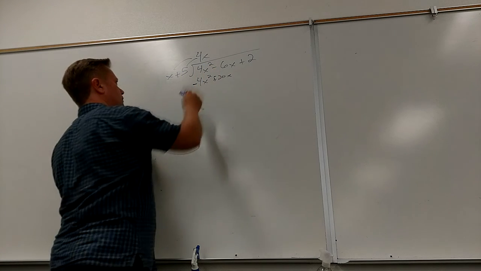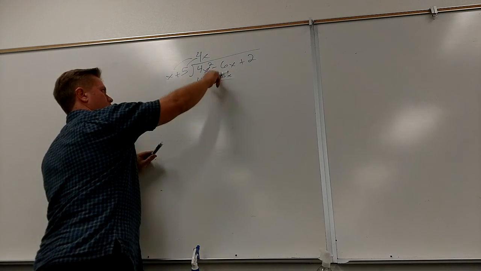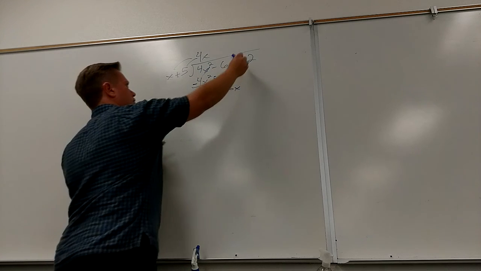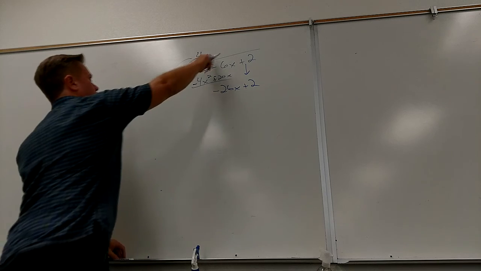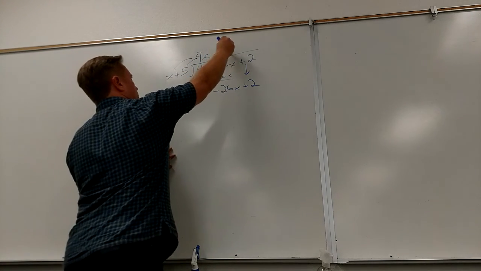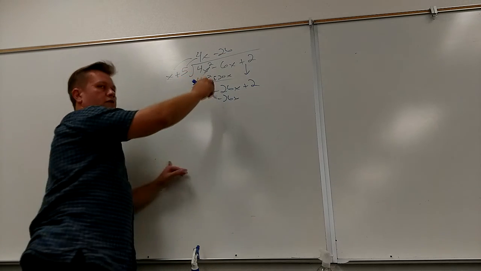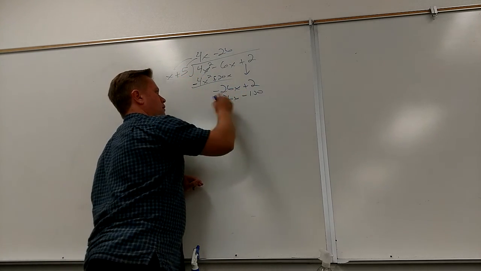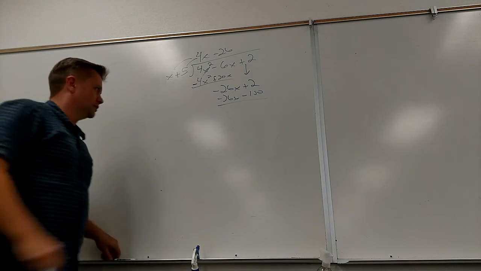So then you get negative 26x. X times what is negative 26x? Negative 26. Negative 26 times 5. A lot. And then I change the signs.